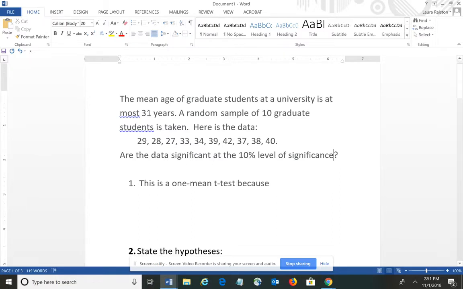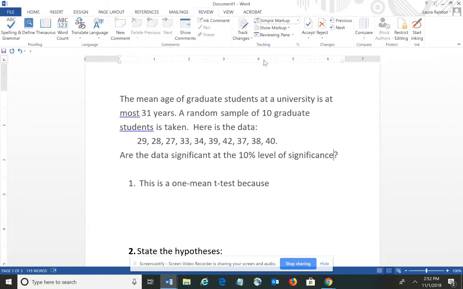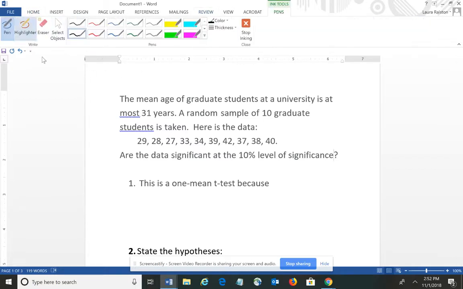One of the reasons that we know this is a one mean t-test is that in this particular scenario, you are not given in the story the population standard deviation. You may say, well, I'm not given any standard deviation. That's true, but you do have the raw data that we could enter into the calculator and determine the standard deviation and the mean for the sample.